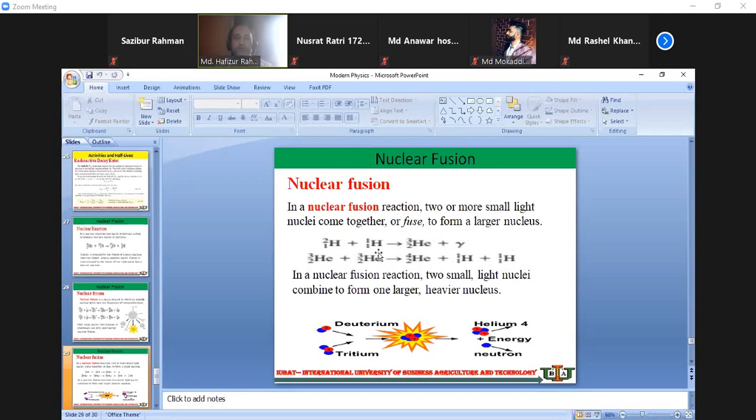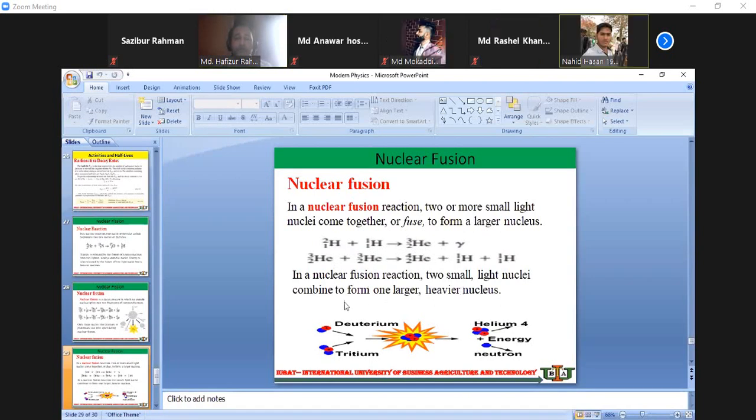In these 2 examples, you can see 2 small nuclei combine and produce another comparatively larger nucleus. So in a nuclear fusion reaction, 2 small light nuclei combine to form one larger, heavier nucleus.